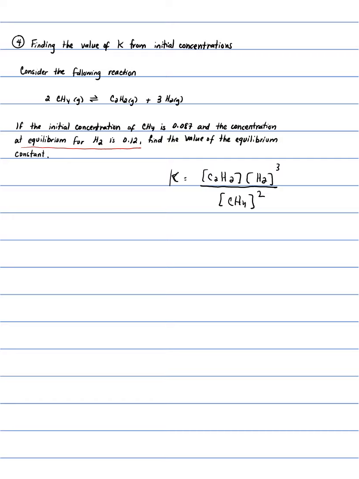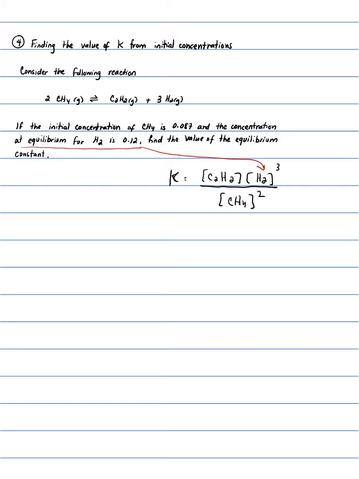To find that value for the equilibrium constant, we need concentration at equilibrium for one of the products, C2H2, and the reactant CH4. We do have concentration at equilibrium for H2. Okay, that's given, 0.12. But with that information, we can find something else.